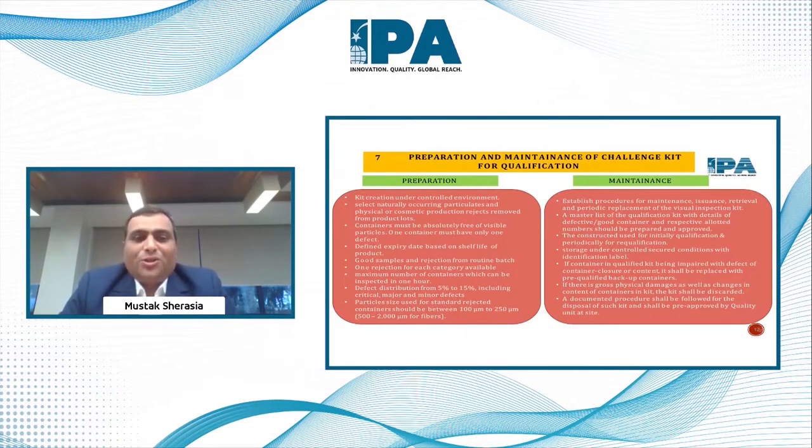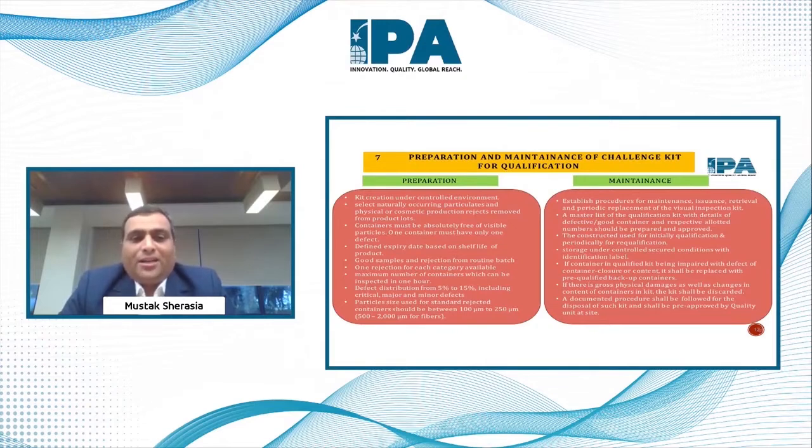Along with preparation, once you are qualified with the inspector, the maintenance of this kit is an important consideration. This maintenance has to be through procedural controls on issuance, retrieval, and periodic inspection of this visual inspection kit. And this kit has to be controlled and stored under lock and key and under quality assurance controls.